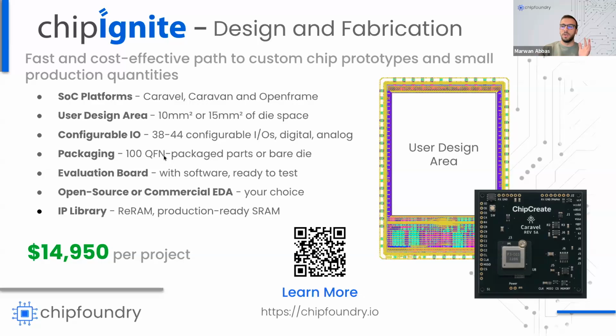It supports 10 millimeters squared of area and 15 millimeters squared of area. And basically with the 14,950 per project price tag, you get 100 QFN package chips plus an evaluation board so that you can start testing your design right away.